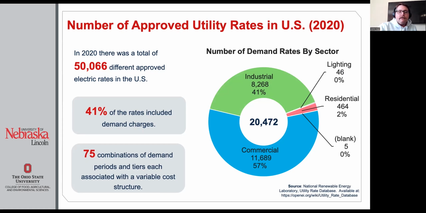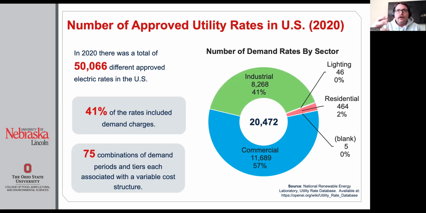And that number is rising for a couple of very specific reasons. One is that utilities are becoming more sophisticated and trying to recoup their costs in a more detailed fashion, but also, and maybe more importantly, they are putting new advanced electric meters on people's homes and businesses, and those advanced meters can measure demand in real time.